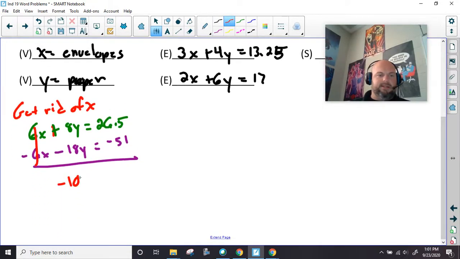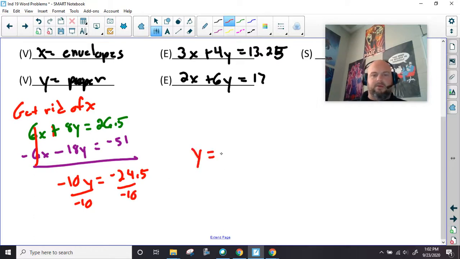This is negative 10y equals 26.5 minus 51, that's negative 24.5, divided by negative 10, divided by negative 10. All right, so y, the price of a box of paper, is $2.45.